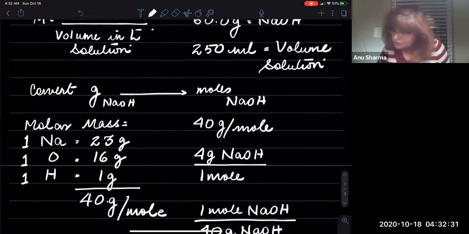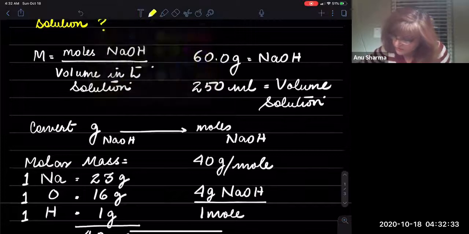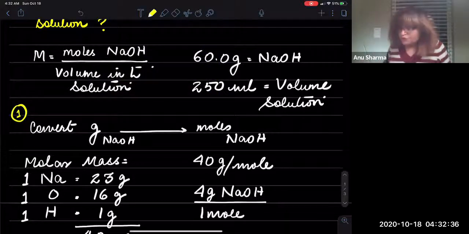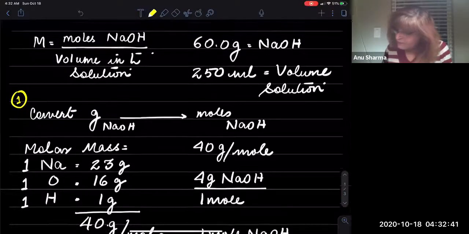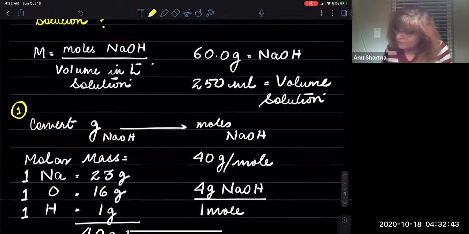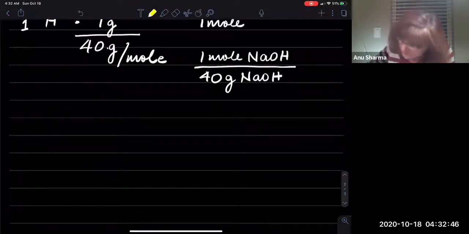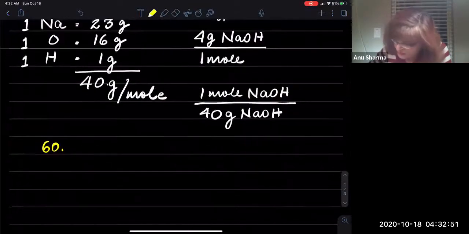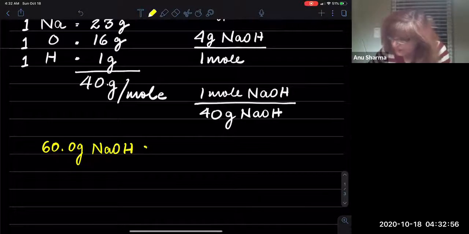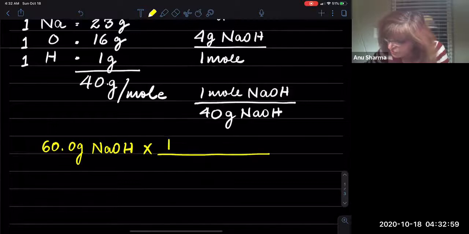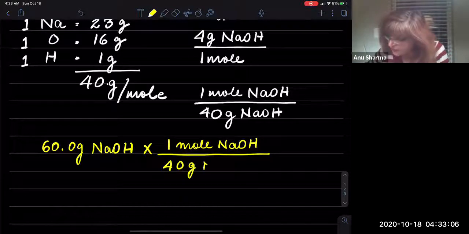This is the first thing we are going to do, so label it as 1: convert grams to moles. We have the gram formula mass of NaOH. So we bring the 60.0 grams of NaOH that is given to us, times 1 mole of NaOH over 40 grams of NaOH.